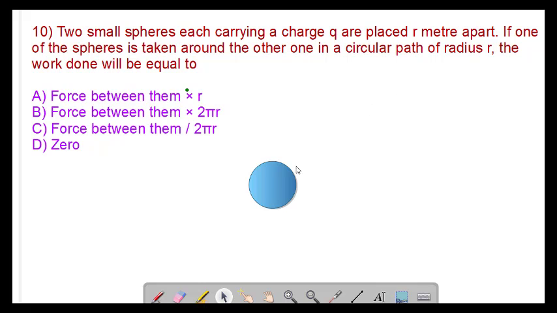What we are given, we have a charge, let us assume this charge is at this point, and we have another charge. They are separated by a distance small r. This is the distance between them.